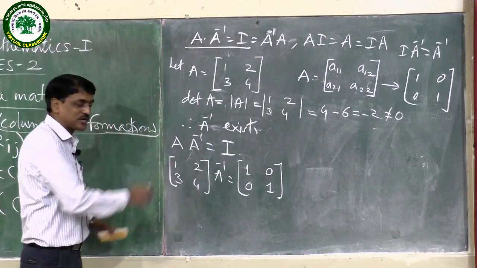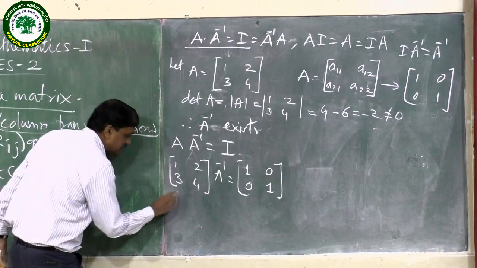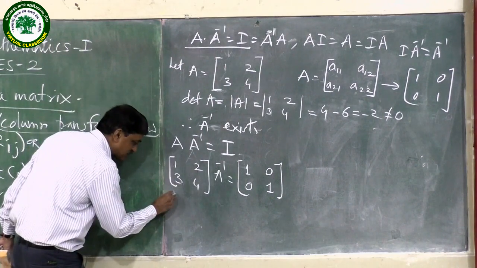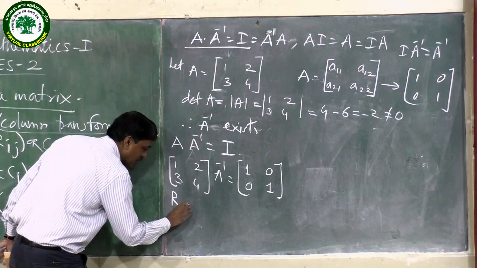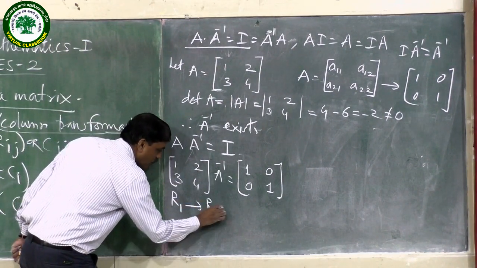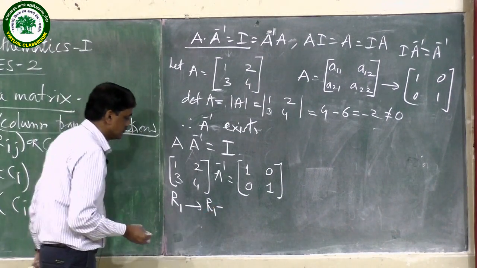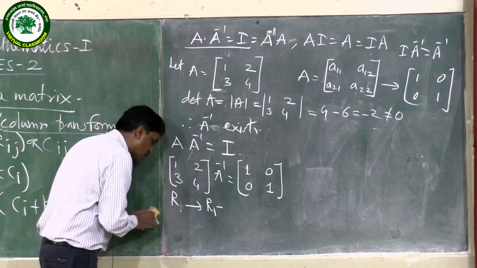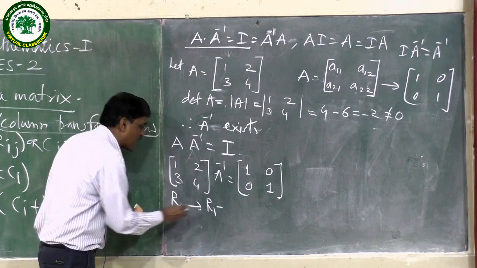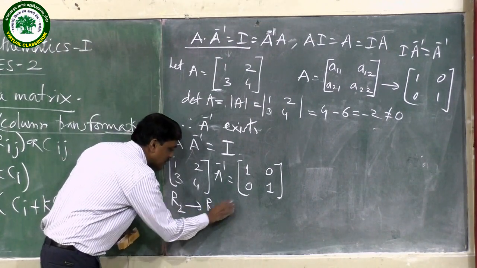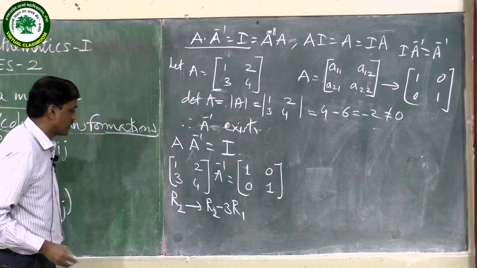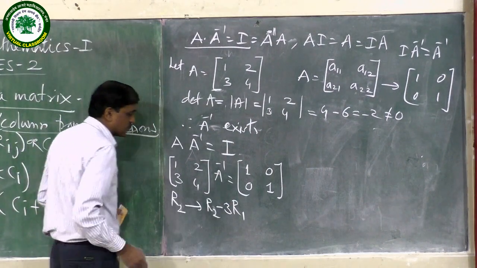So what is the transformation? It is on the second row. So R2 converts into R2 minus 3R1.